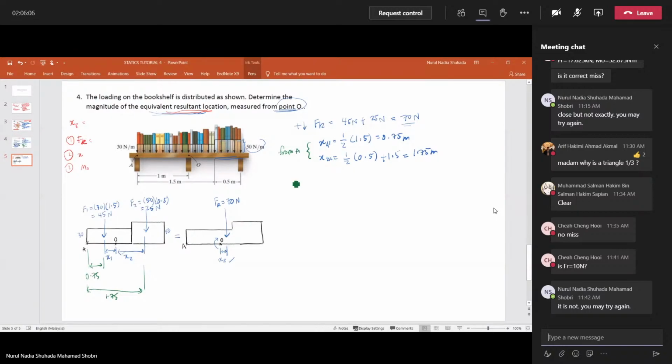So we set up the moment for the first diagram first. I assume clockwise positive. Moment at point O, first diagram, is equal to F1, the first force, which is 45, and you have to multiply by the distance.